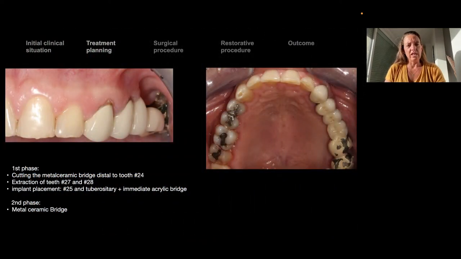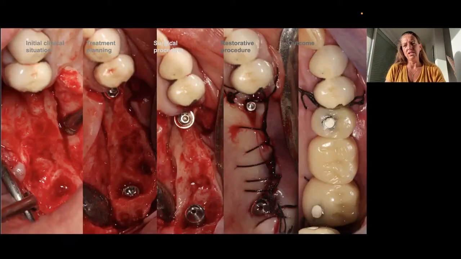So you can see here, in the first phase we cut the metal ceramic bridge distal to tooth number 24, extracted teeth 27 and 28, and then we did the implants on the 25 and a tuberosity implant starting in the root of the 27.